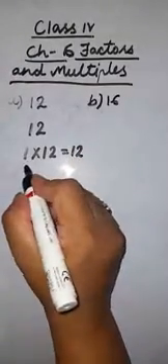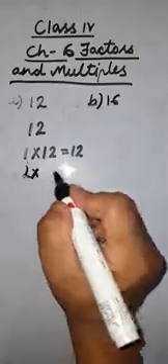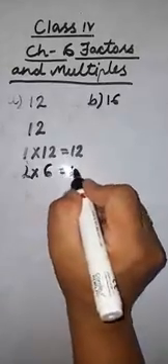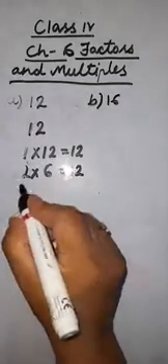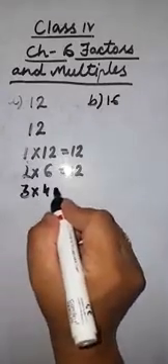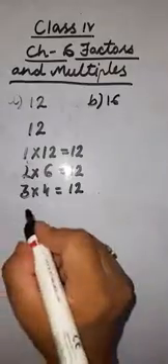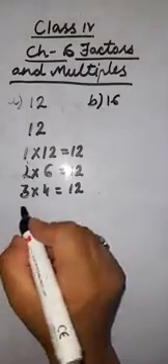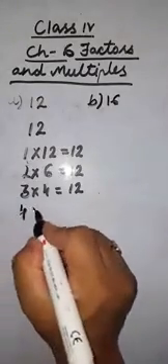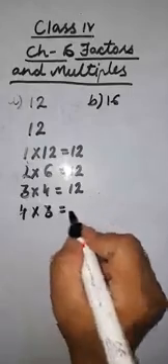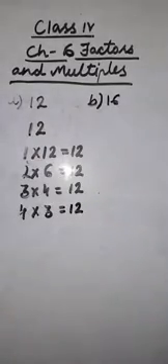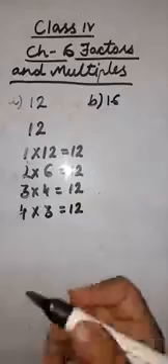Now 2 multiplied by 6 is equal to 12. Now 3 multiplied by 4 is equal to 12. Then 4 multiplied by 3 is equal to 12, and 12 does not come in the table of 5.